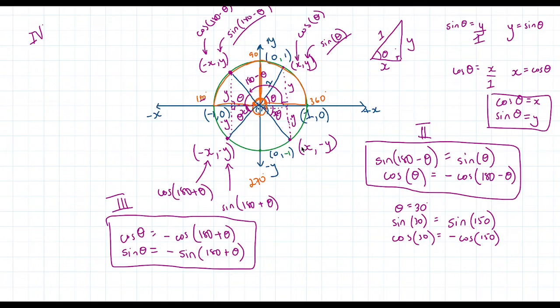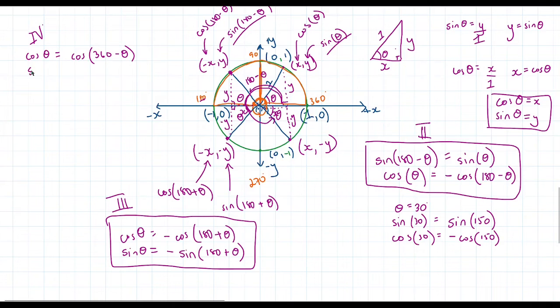And how does this relate to the first quadrant? Cos theta equals x, and here also we have x. So we can say cos theta equals cos of, now what is this angle? If we are going all the way around till here, well, that's 360 minus theta. So we can say that.